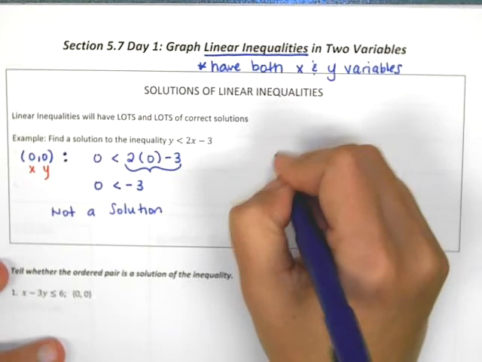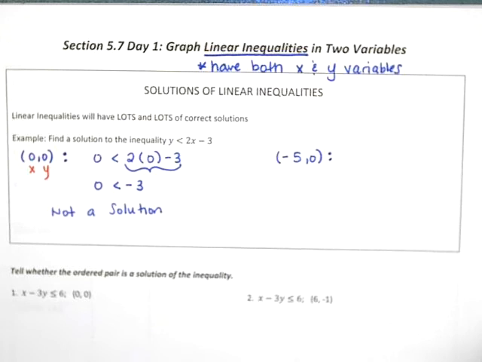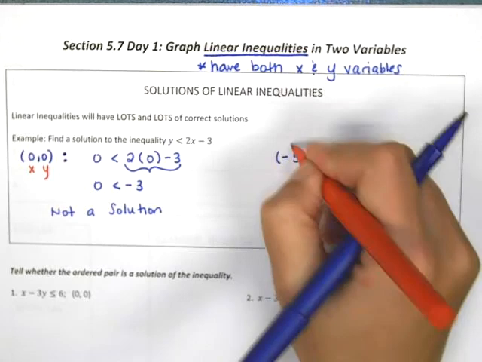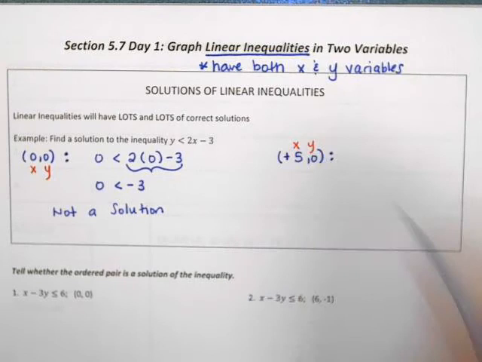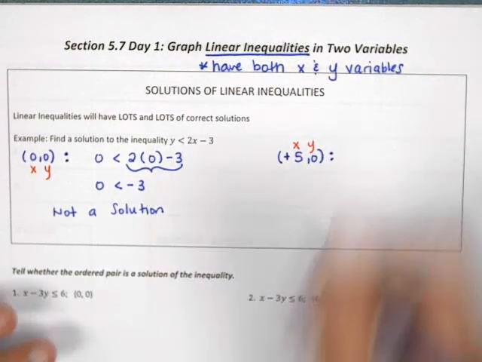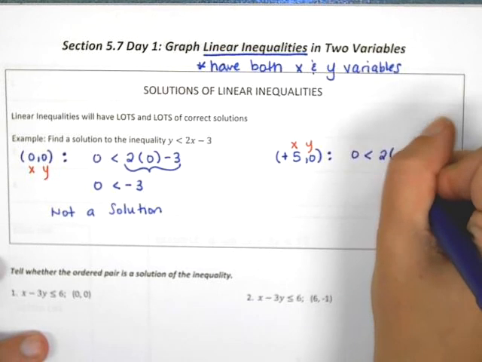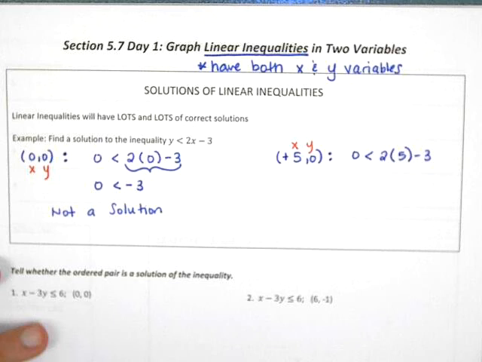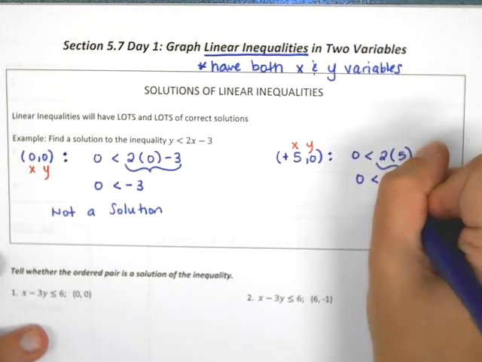But let's take the ordered pair 5, 0 instead. If I take this new x and this new y and I plug them in, I get 0 is less than 2 times 5 minus 3, which would be 7.